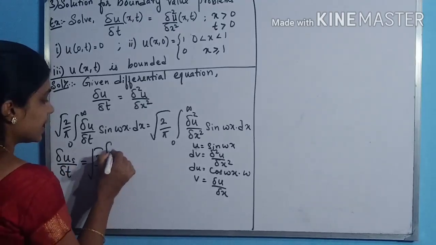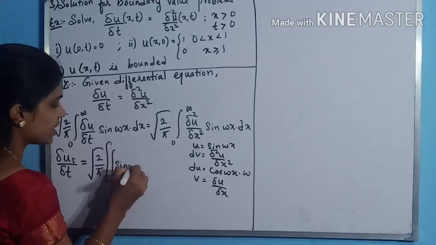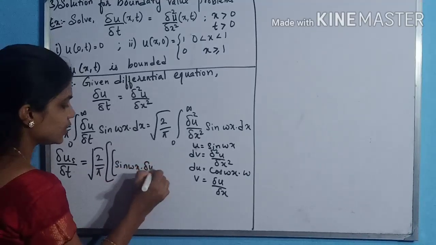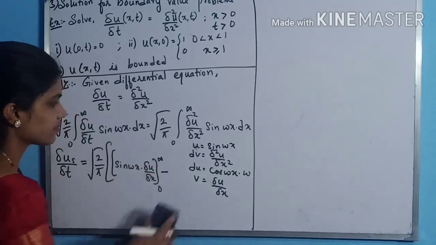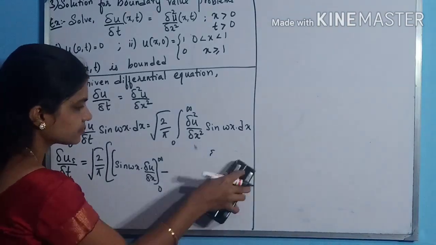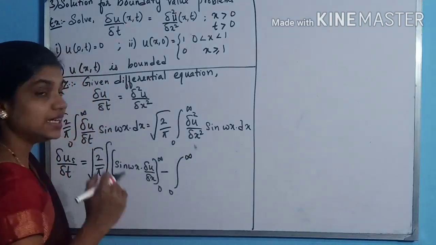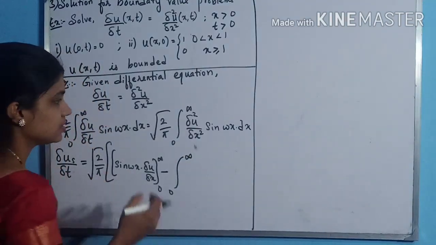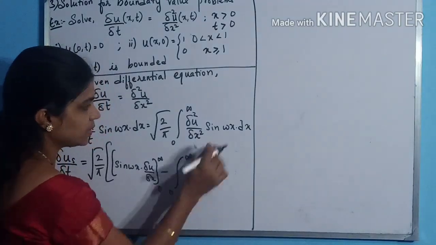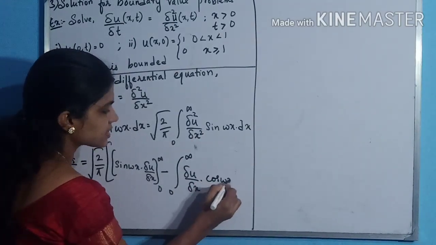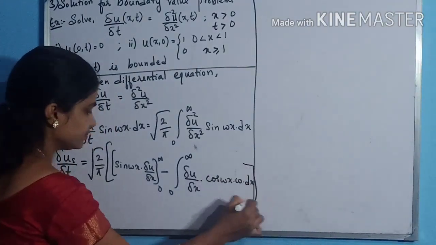So first is u times v, that is sin(ωx) times ∂u/∂x from 0 to infinity, minus the integral 0 to infinity of v du. So v is ∂u/∂x and du is cos(ωx) times ω dx.